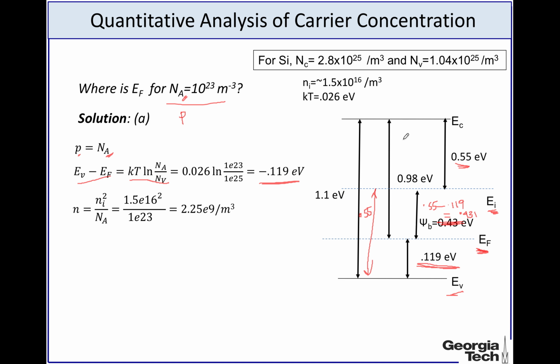So this much should be 0.55 plus 0.431, which is 0.981. All right. And then the electron density here is simply Ni square by Na, and this comes out to be this number. Okay.